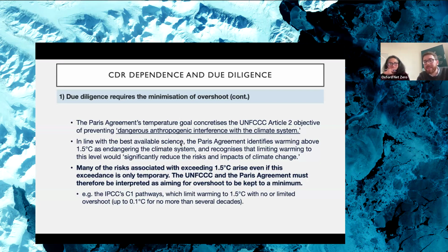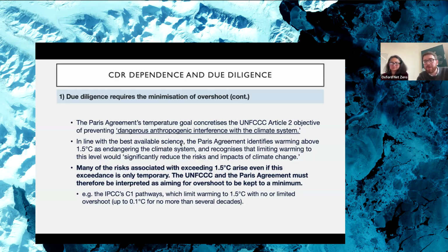So it's not consistent with the purpose of the Paris Agreement and the UNFCCC and the due diligence standard to deliberately aim for a pathway that increases your risks of exceeding 1.5 degrees. What you should be doing as a duly diligent state is acting consistently with the need to minimize overshoot to whatever degree possible.